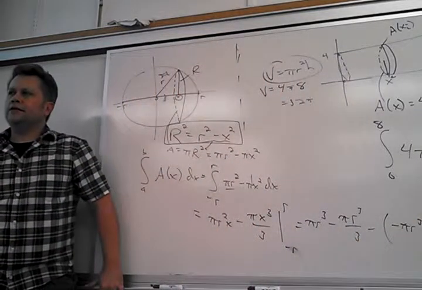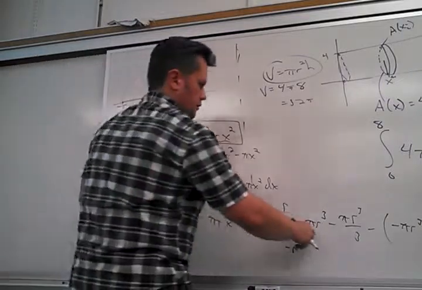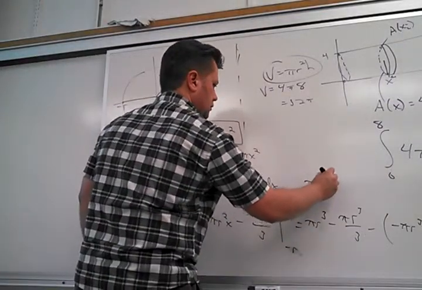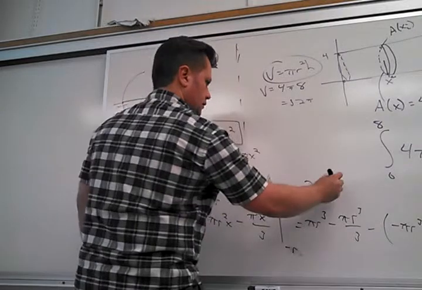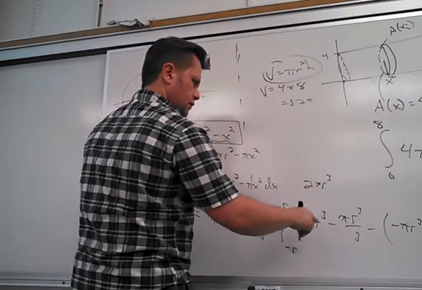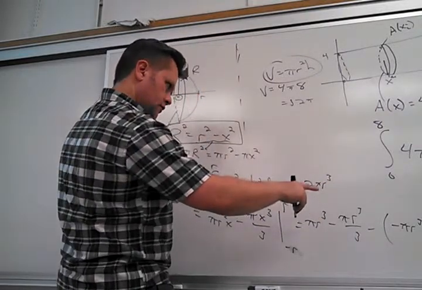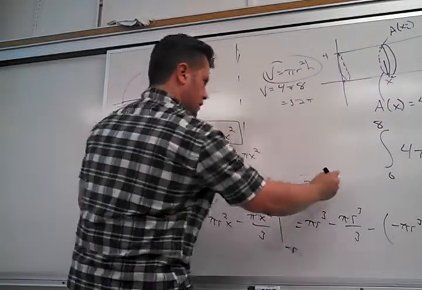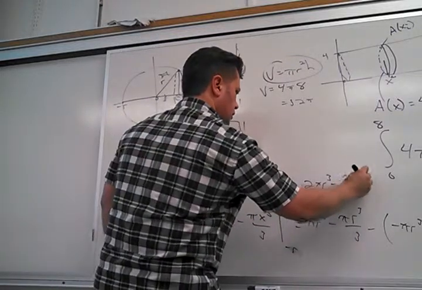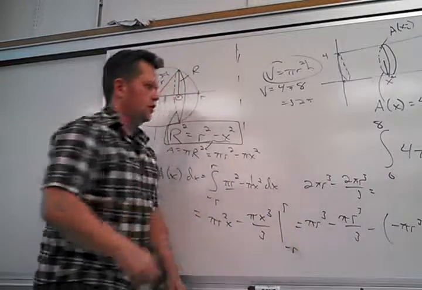So if you put all that together, you'll get 2 pi r cubed plus, where am I at? Minus that, minus, there we go, 2 pi r cubed over 3.